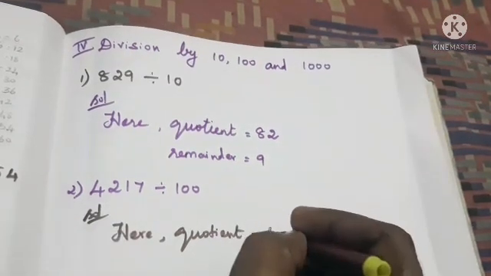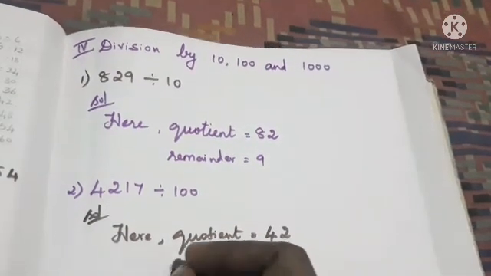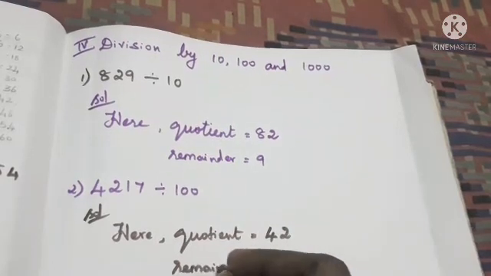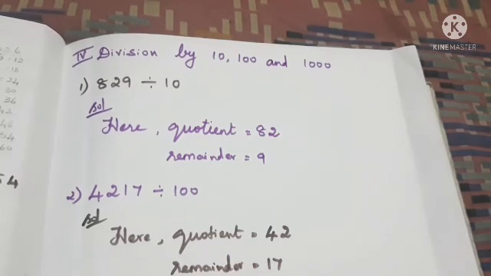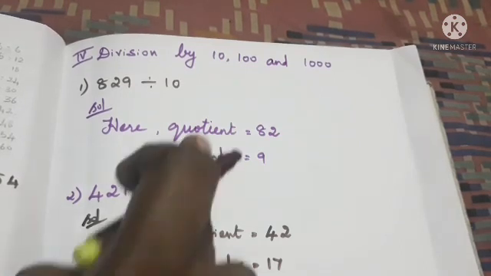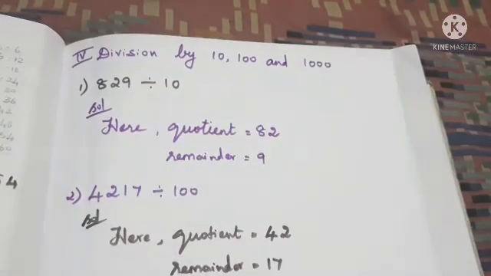Yes, 42. So 42 is the quotient and the remainder is 17. According to the number of zeros in the divisor, we write the remainder value and the remaining numbers we write as the quotient value. Then look at the next one.